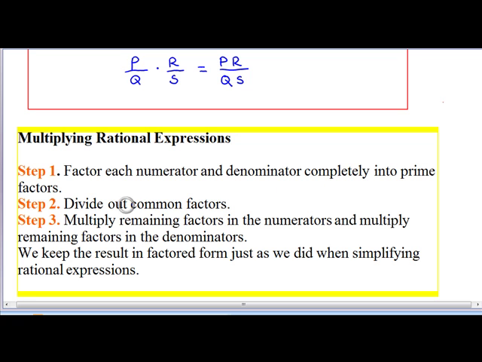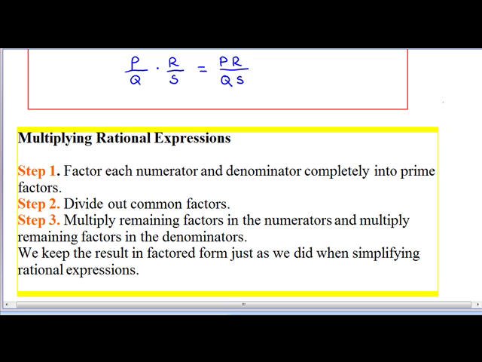Then we divide out the common factors. So pretty much we simplify by dividing out the common factors. When we're done with all that, we use this principle to multiply the remaining factors in the numerators and multiply the remaining factors in the denominators.